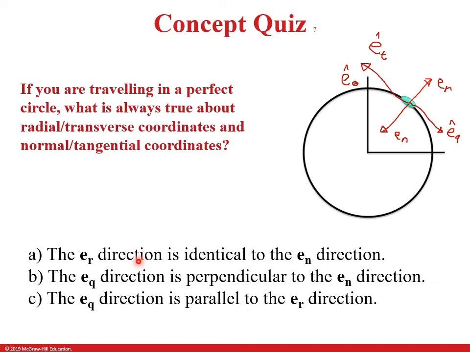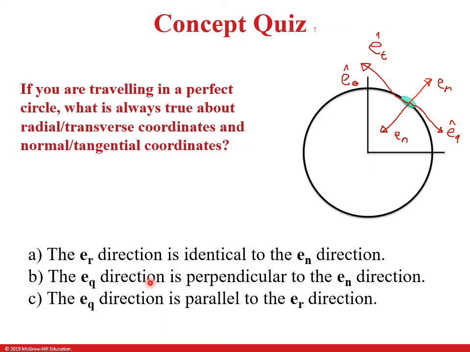I guess you can't really say it's almost true. They're on the same line, but they're in opposite directions. So the direction isn't identical at all. It's the complete opposite, because this is our E sub r and this is our E sub n. So they're not in the same direction. The E sub r direction is not identical to the normal direction.